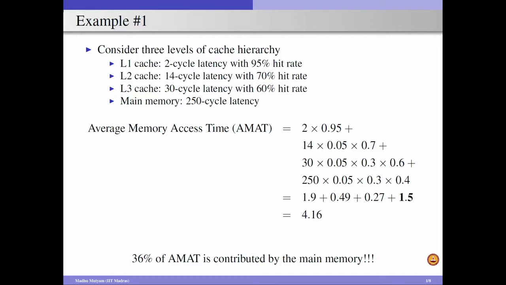Once we do all this math, we get 4.16 as the average memory access time for this particular problem statement. And in that we know that 1.5 is the total time taken for accessing the data from the memory. So, in other words, 36% of the AMAT is contributed by the main memory.